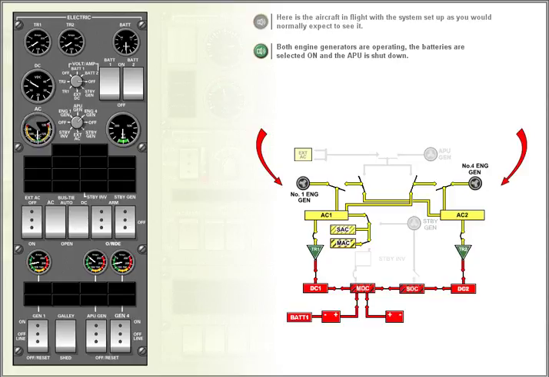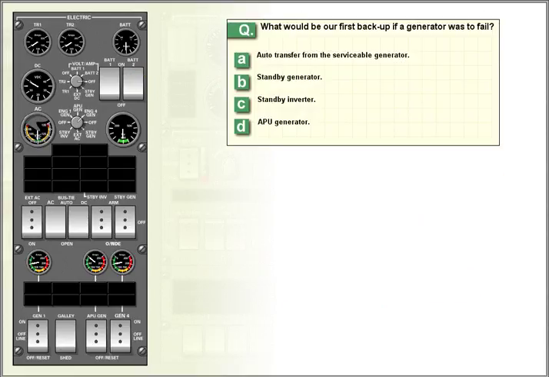The batteries are selected on and the APU is shut down. What would be our first backup if a generator was to fail?